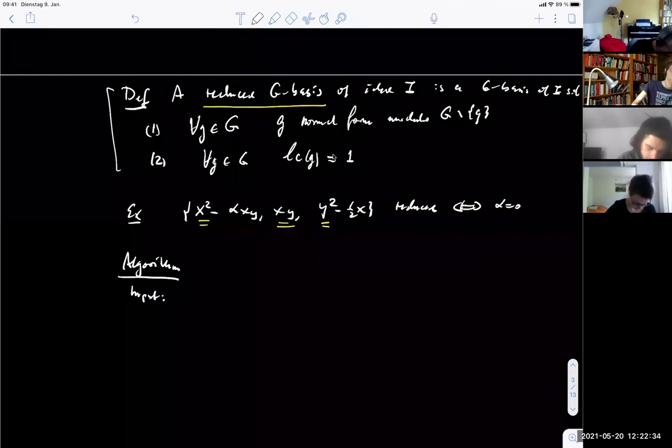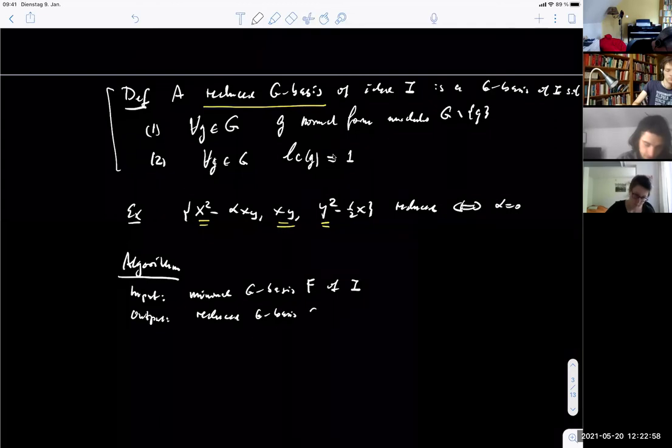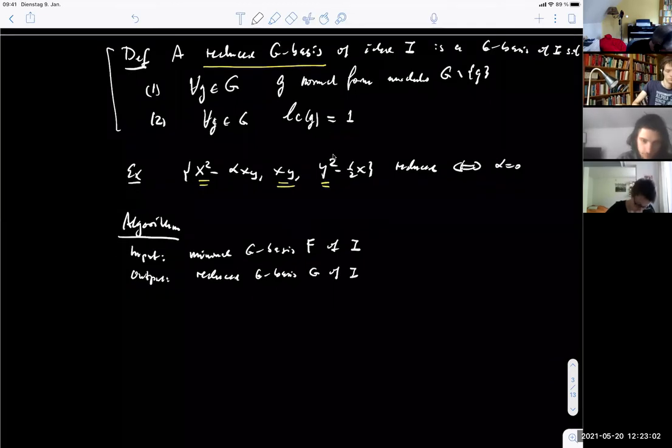A minimal Gröbner basis. Let's call it F of the ideal I. Of course, it's understood the term order is fixed, and the output is a reduced Gröbner basis G of the same ideal. Okay, begin.